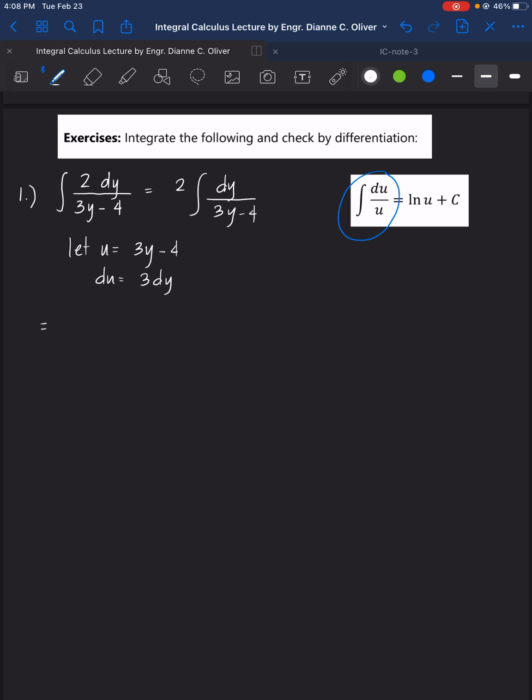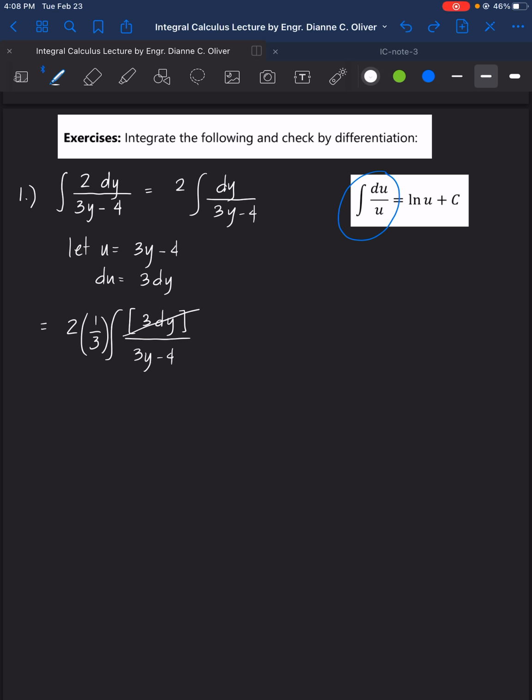So we have there 2 integral of the du here, which is 3 dy, all over the u, which is 3y minus 4. Now since the original here has no 3 here, therefore we will put 1/3 outside the integral sign so that it could cancel out the 3.